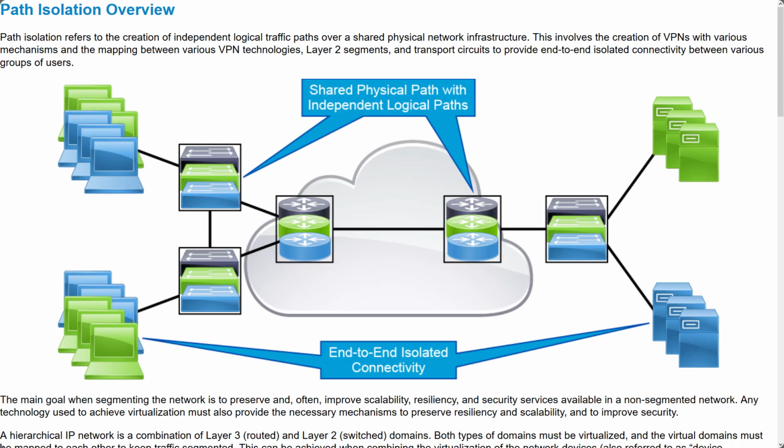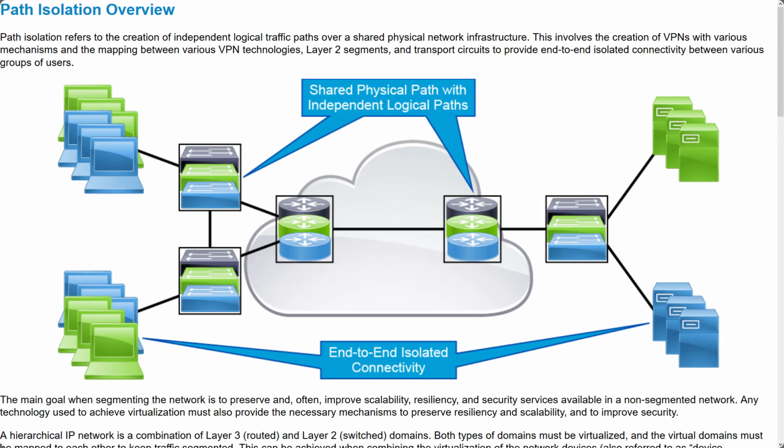Now, if you think about this, when we're trying to segment the network, we're trying to improve the overall efficiency of that network, whether it's how resilient, that's the availability component of our CIA triad, whether the security service is available, scalability is a concern as well, cost is always a concern as well.